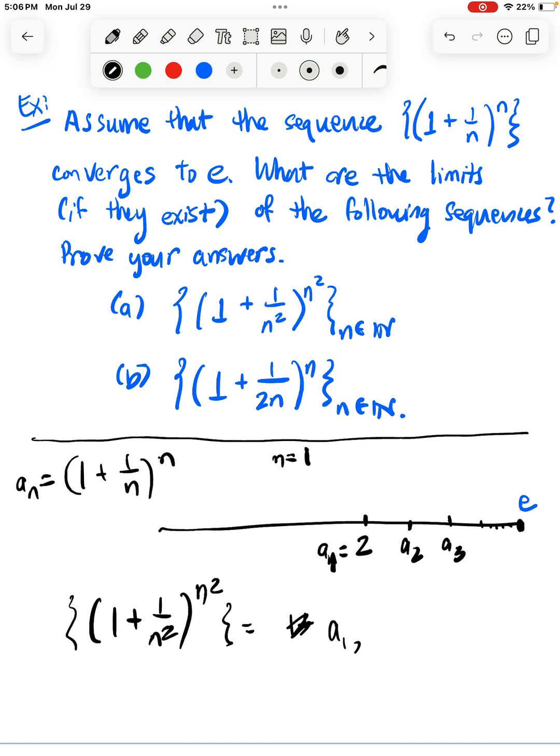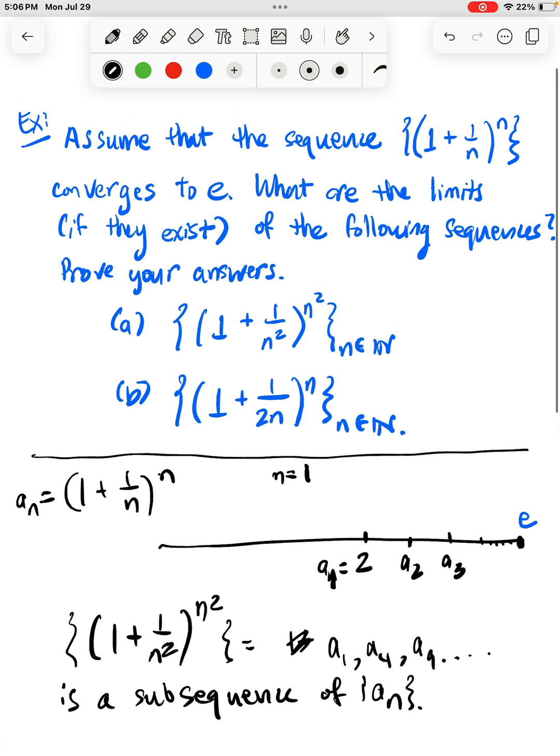When n is 2, you get a4. When n is 3, you get a9, etc. So this is a subsequence of the sequence a_n.